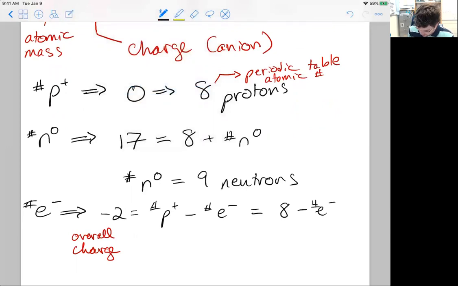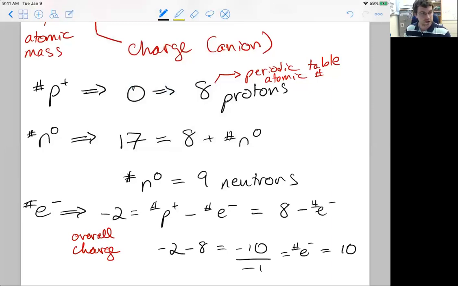So -2 minus 8 is equal to -10, divided by -1, is equal to the number of electrons, which is 10. We have 2 more electrons than protons, and so we have an overall charge of -2. If you find an easier way to solve that, go ahead and use it. But these are just things that I use that work all the time.